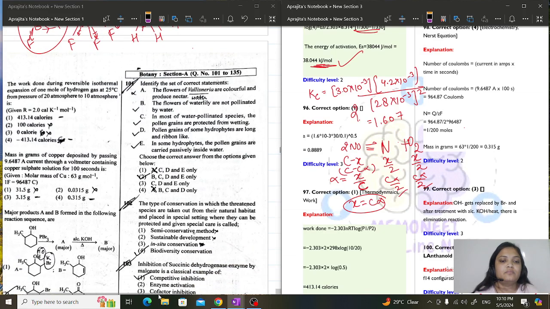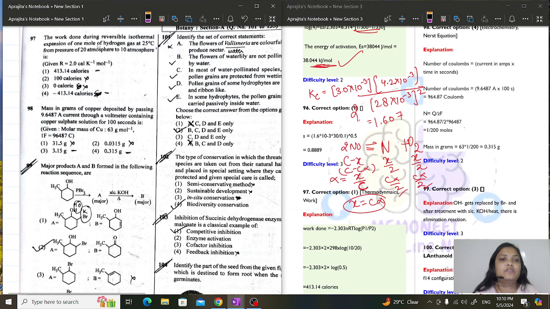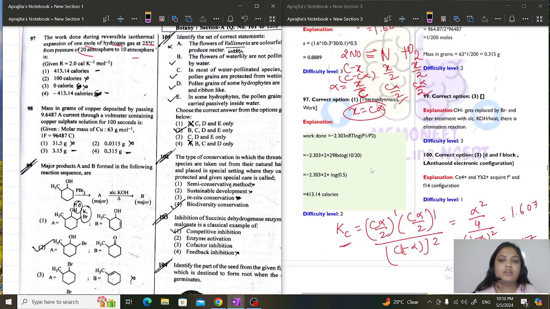Now, 97th question. Work done during reversible isothermal expansion of 1 mole of hydrogen gas at 25 degrees from pressure 20 atmosphere to 10 atmosphere. So that is the case here. Work done will be minus 2.303 nRT log P1 upon P2. All the values are given here.